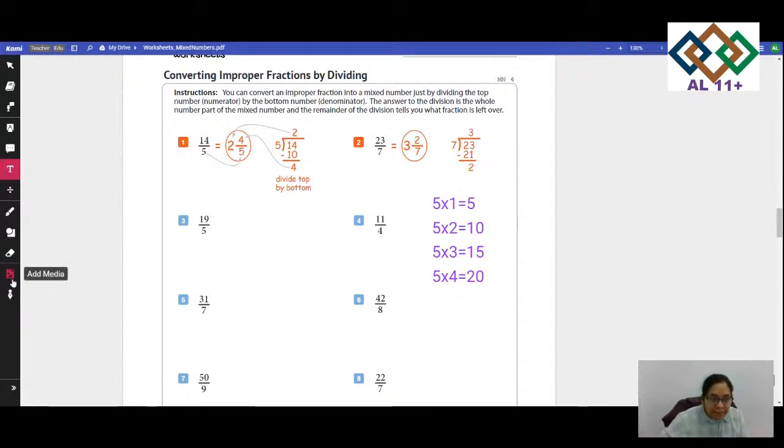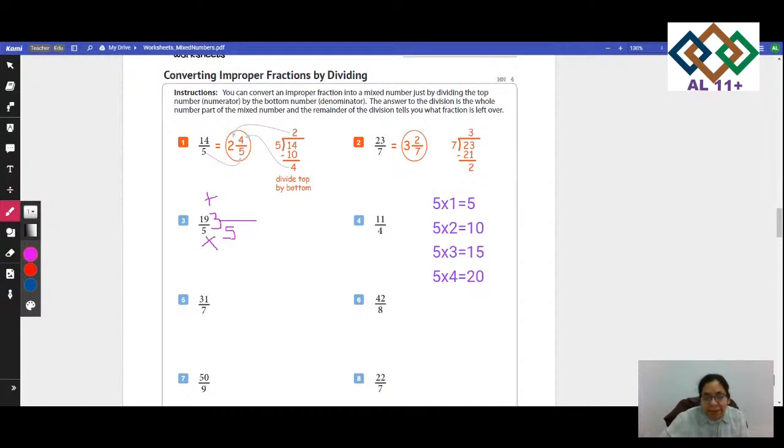So again, remember what I told you guys. You're going to put 5 here. What in 5 gives you 15? That would come here. 5 threes are 15. Remember what I told you guys. You need to multiply the bottom and you need to add the top.